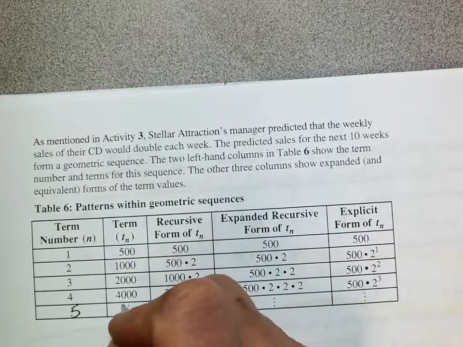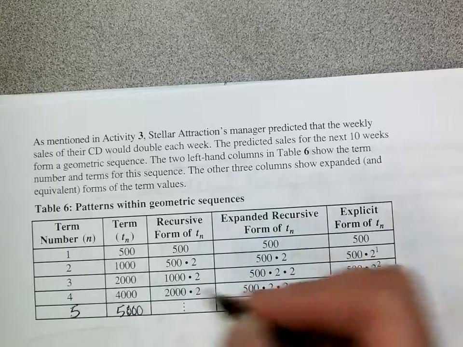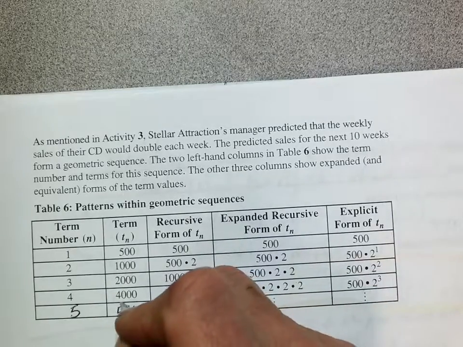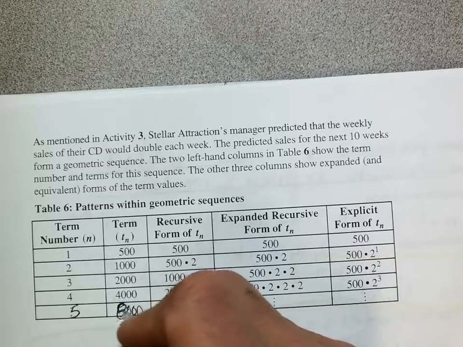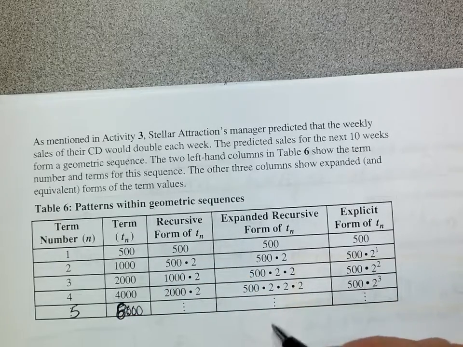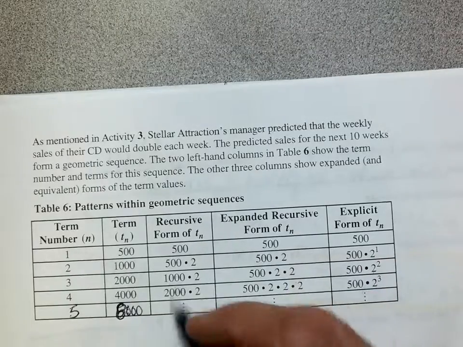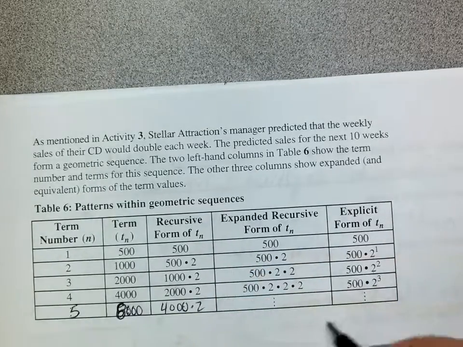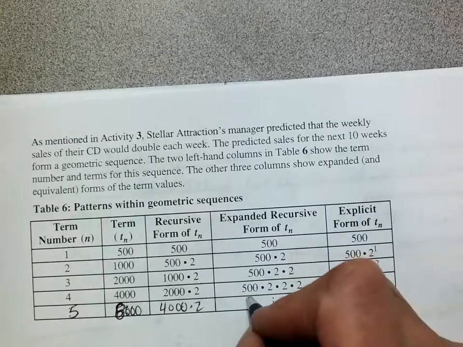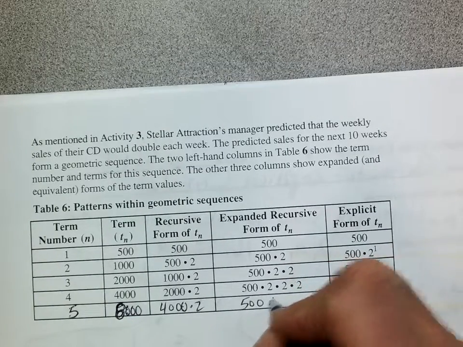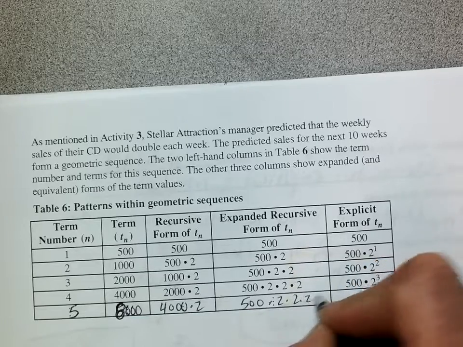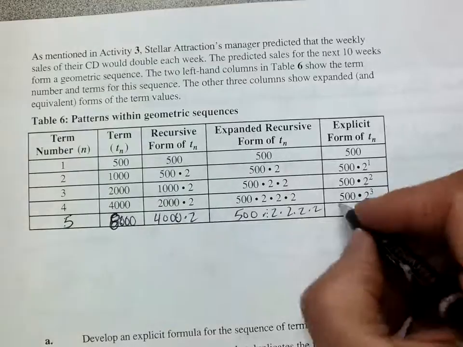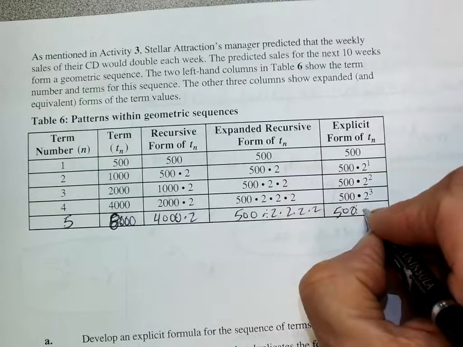Which would be 5,000, right? No, I'm wrong. 8,000. I am wrong. Which is going to be my 4,000 times 2, which is originally my 500 times 2 times 2 times 2 times 2, which is 500 times 2 to the 4th.